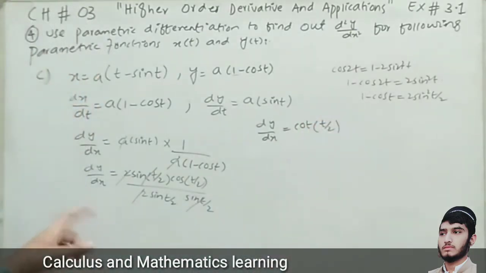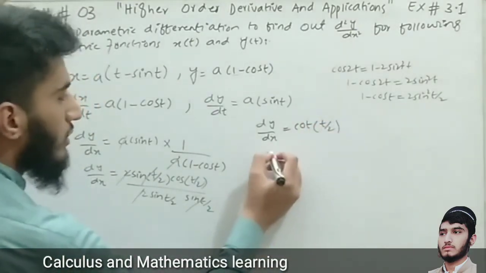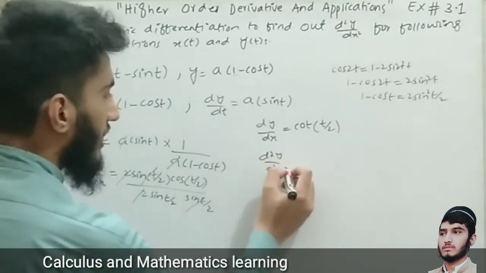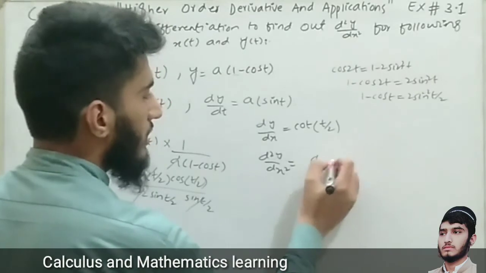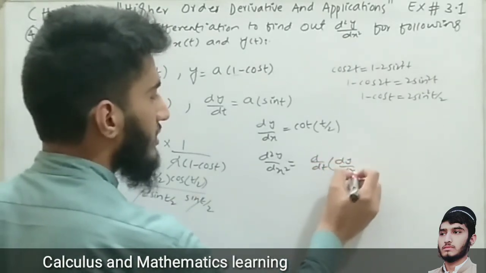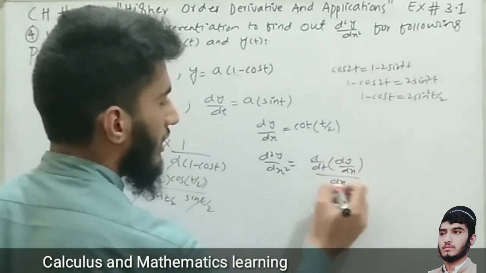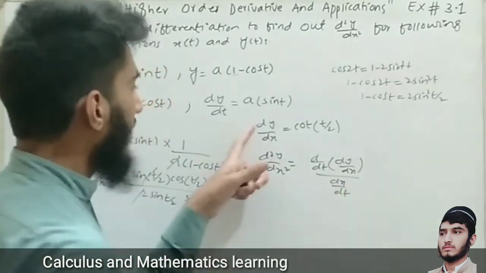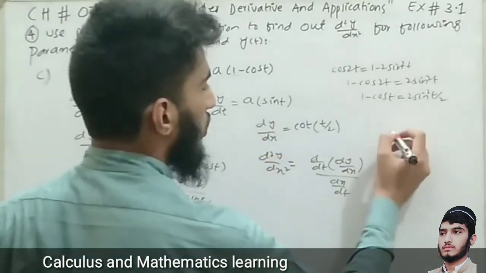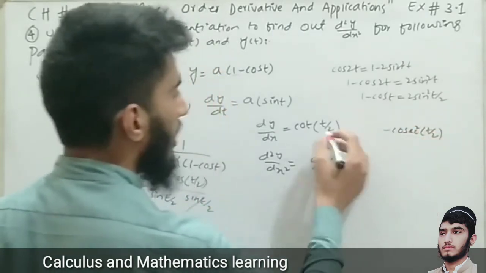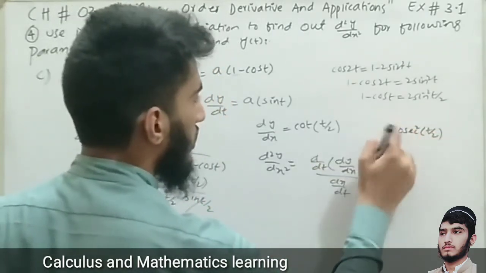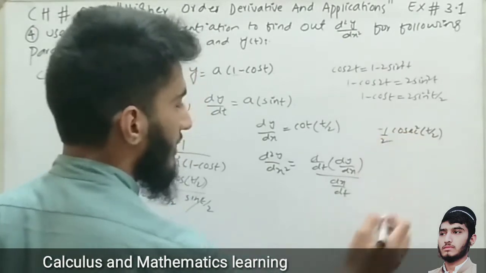Cotangent t by 2. Now after this, for the second-order derivative, d square y by dx square will be equal to d by dt of dy by dx, divided by dx by dt. Now dy by dx is cotangent t/2, whose derivative will be minus cosecant square t/2, and the derivative of the inner function will be 1 over 2. So negative 1 over 2 cosecant square t/2.